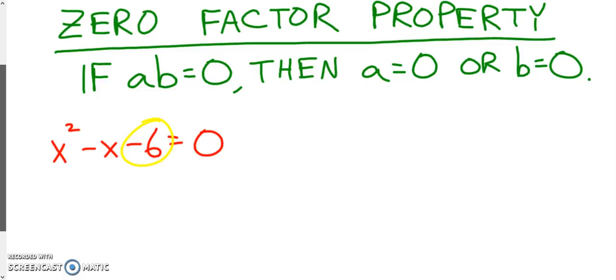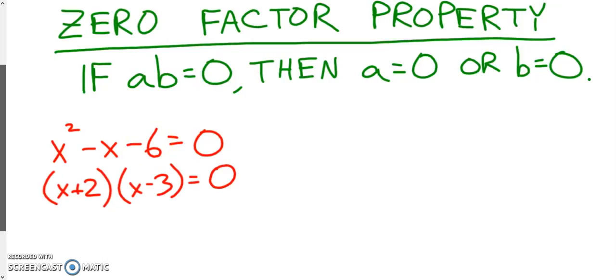That happens to be +2 and -3. +2 times -3 is -6, and +2 plus -3 is -1.